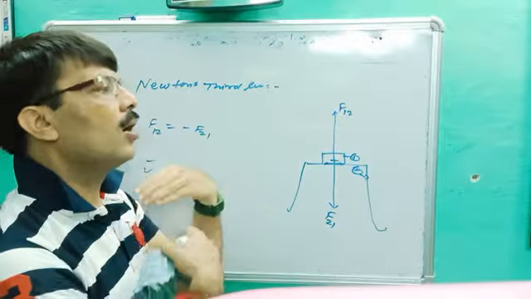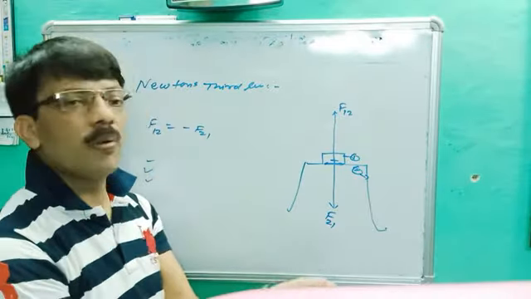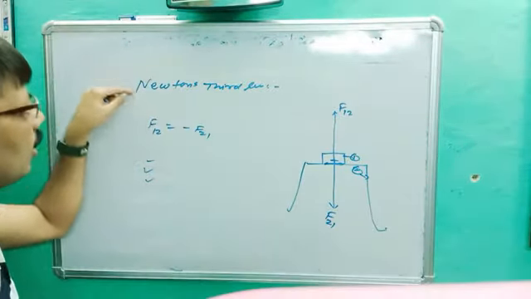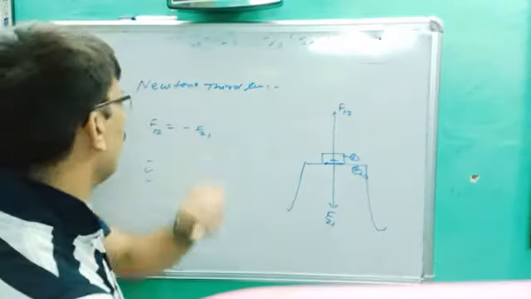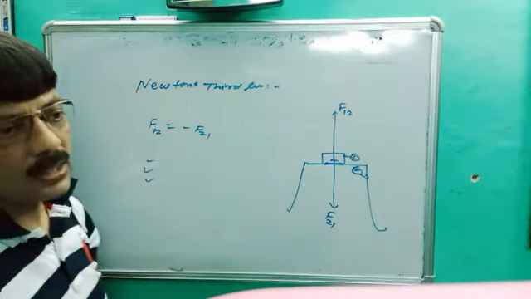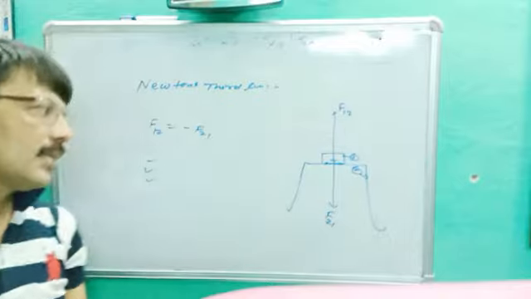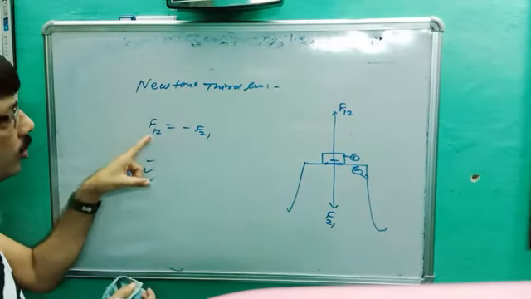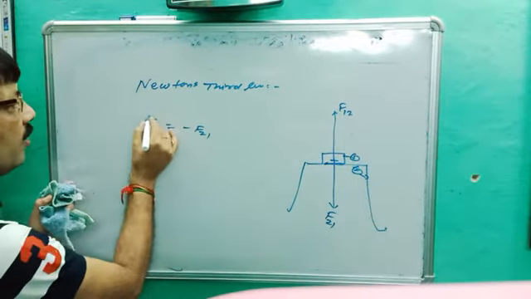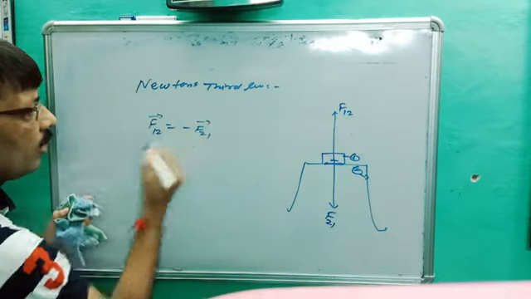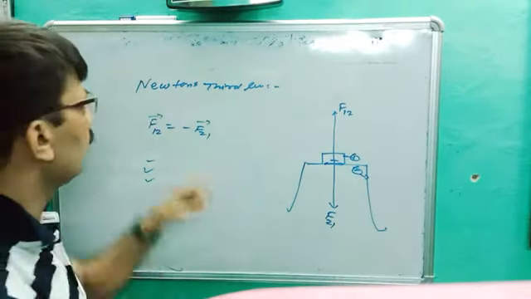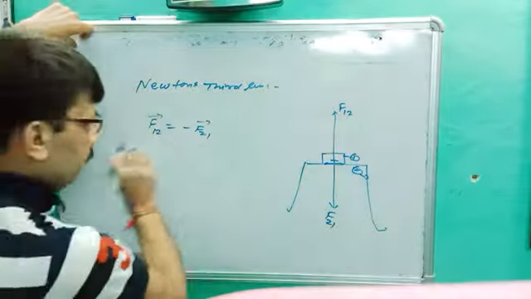Action is working on body number 1, so reaction is working on body number 2. So these are the contents of Newton's third law. Every action has an equal and opposite reaction, and the formula is F12 is equal to minus F21, and it is a vector quantity since force is a vector quantity. Okay, so this is Newton's third law.